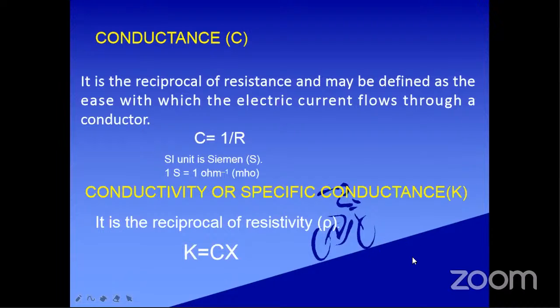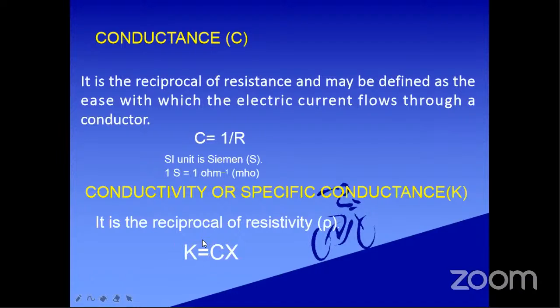Length in centimeters divided by area of cross section in centimeter square, so centimeter divided by centimeter square means centimeter inverse. That is the unit for the cell constant. This is also very important while calculating numericals.